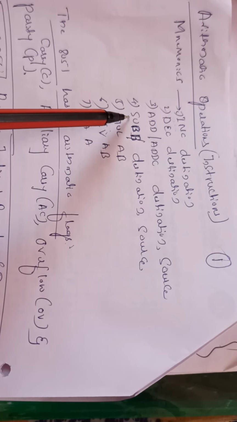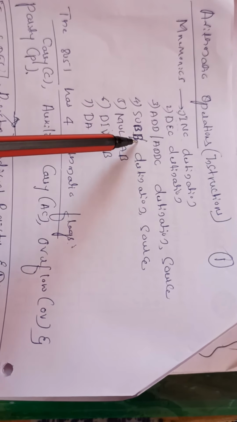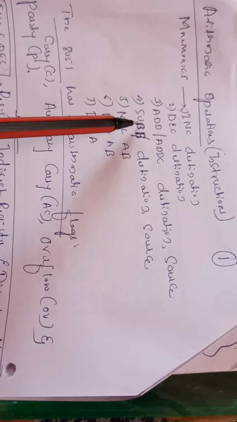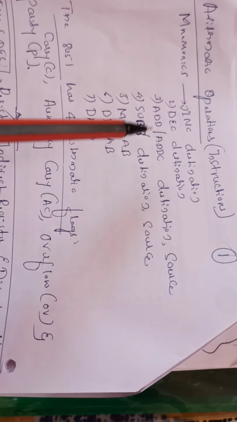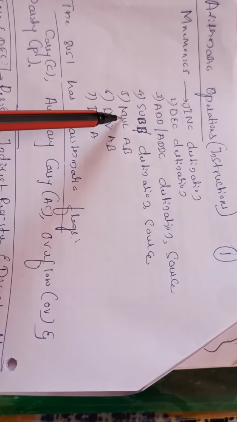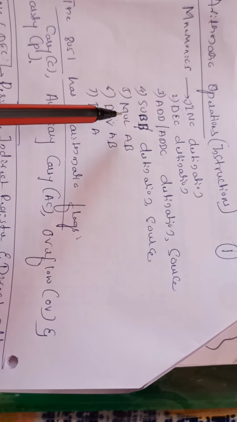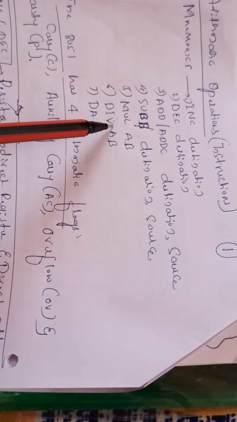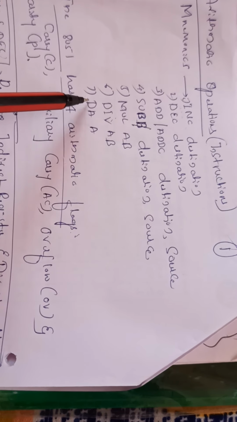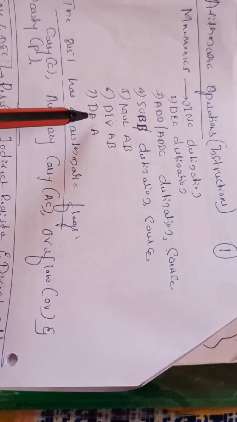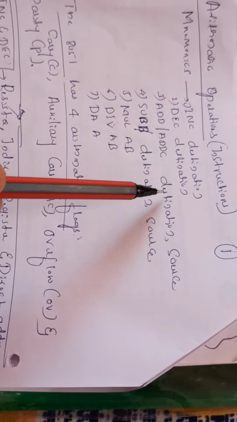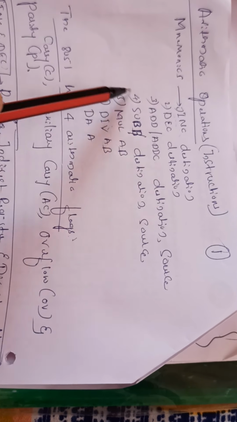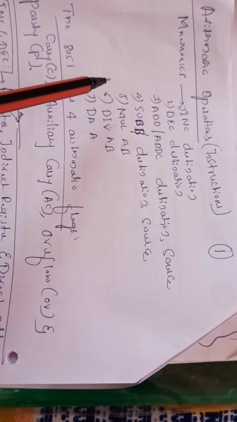Next one is the SUB, actually SUBB, that is the subtraction with borrow. Next one is the MUL, multiplication. For the division it is DIV, division. And the last one is the decimal adjustment for addition. So totally 7 instructions are there in the arithmetic operations.